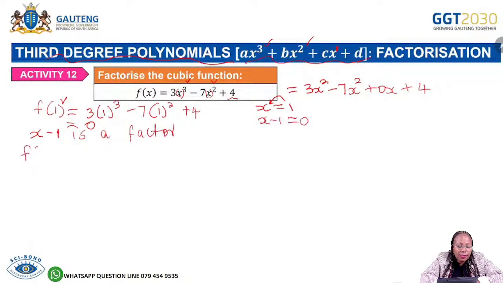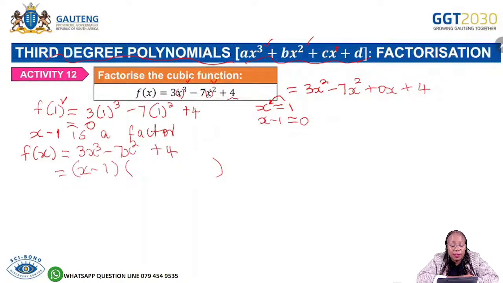So f(x), which we are factorizing, is 3x cubed minus 7x squared plus 4. And now we have the first factor, which is x minus 1. We need to find the trinomial factor for this. How do you do that? This is the method.